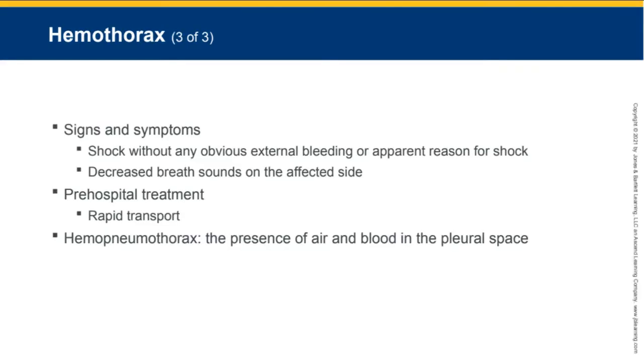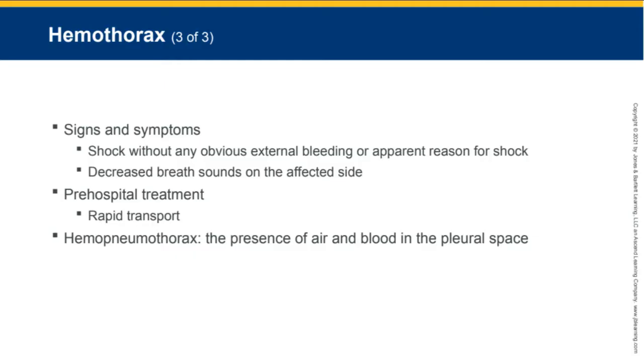If your protocol allows, establish IV access on both sides and run fluid controlled. So the fluid needs to be calculated and it needs to be controlled. It's not wide open and empty the IV bag. You need to calculate how much fluid you're going to give the patient, especially if it is a patient that is bleeding internally.